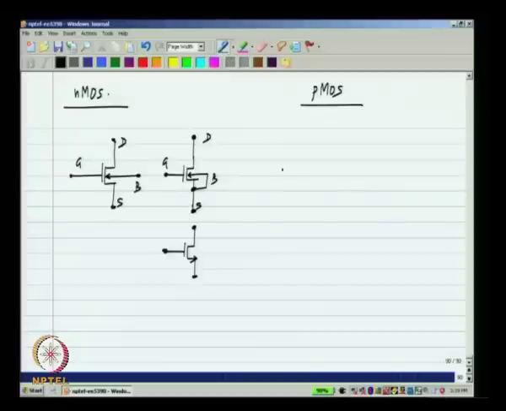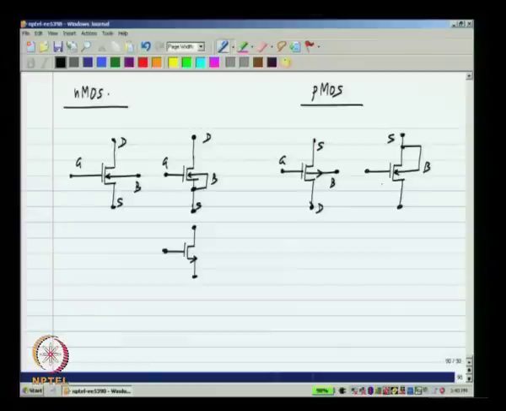Similarly, for the PMOS transistor, sometimes the bulk is tied to the source, it is like this, and in this condition we can represent the PMOS also with a 3 terminal symbol, where this is the source, gate and drain. Okay.